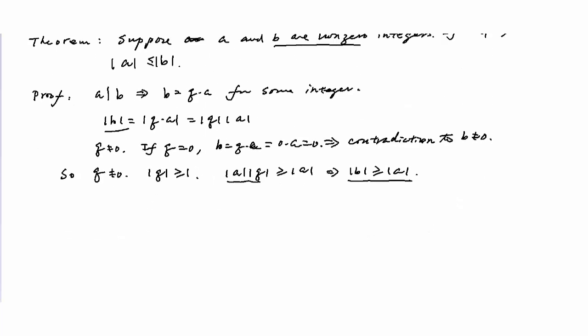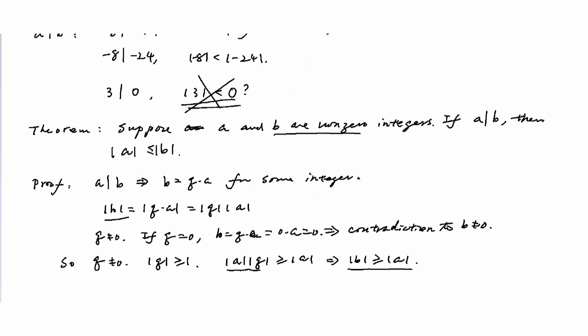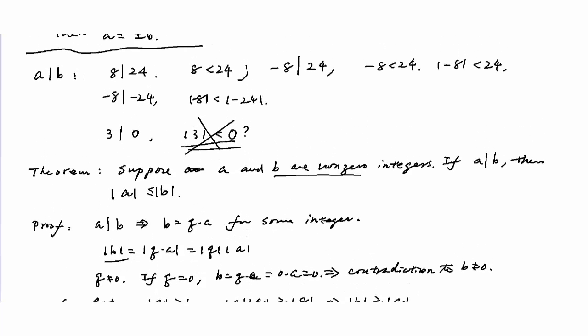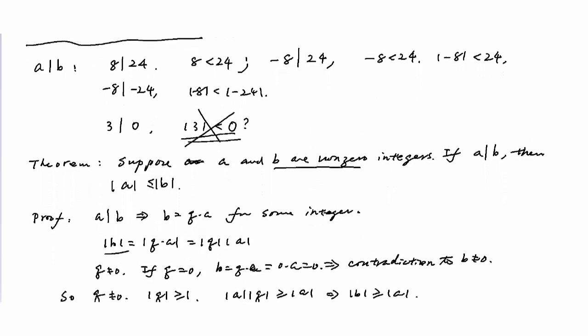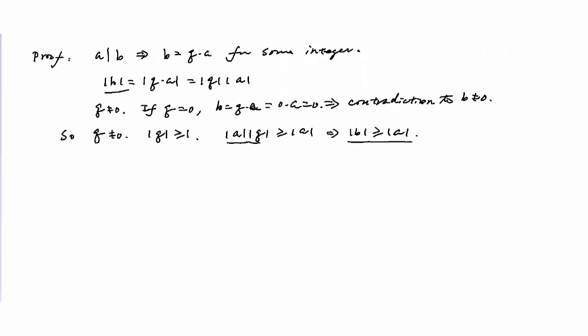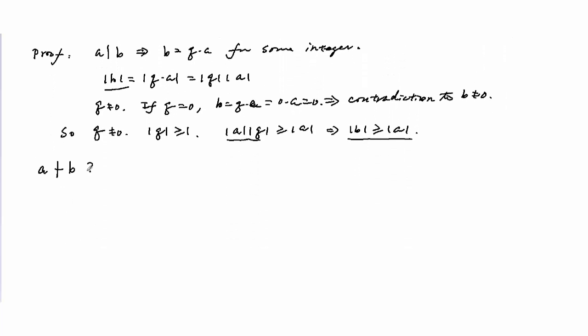Okay. So just now we discussed divisibility. What about if A does not divide B? What can we say? So for example, 8 does not divide 25.